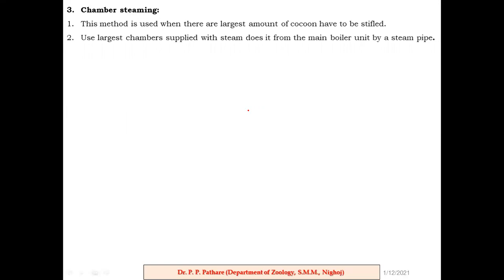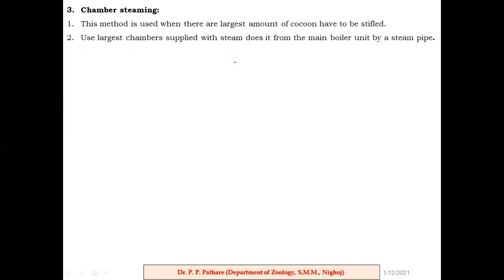This method is used when the largest amount of cocoon is stippled. That is a very unique feature. In both previous methods, you just stipple 10 to 15 kg of cocoon at a time.